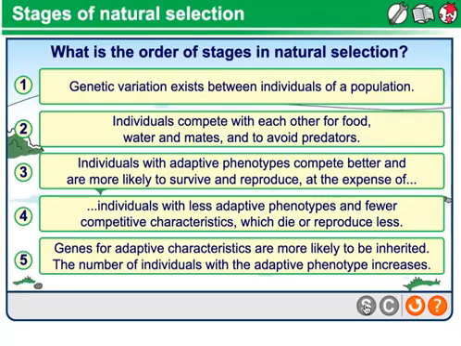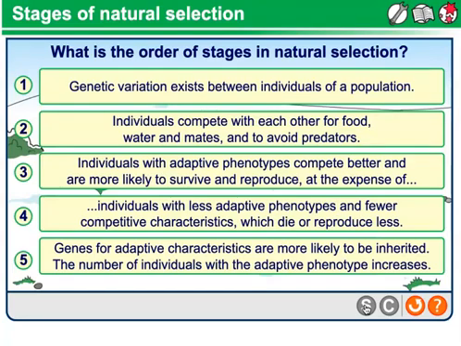Number 3, individuals with adaptive phenotypes, which are the physical traits that are expressed by organisms, compete better and are more likely to survive and reproduce at the expense of individuals with less adaptive phenotypes, again, physical traits, and fewer competitive characteristics, which die or reproduce less.